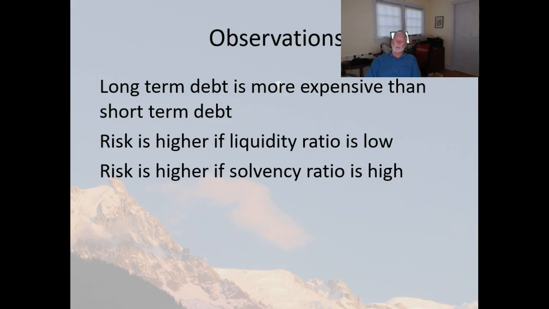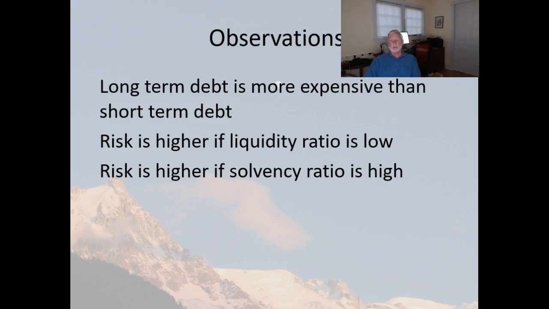So if you look at U.S. government debt, currently 30-year debt is at just under 3%. 10-year notes are just over 2%, and 2-year notes are around 1.5%, something like that. So as you go longer, the interest rate goes higher because there's a higher risk associated with lending money longer term.